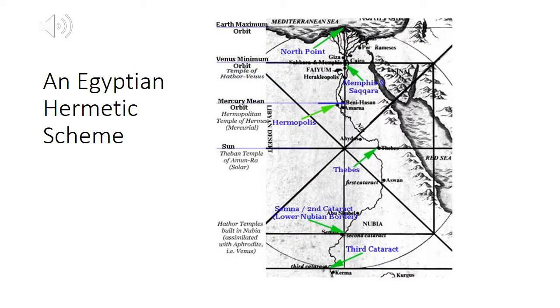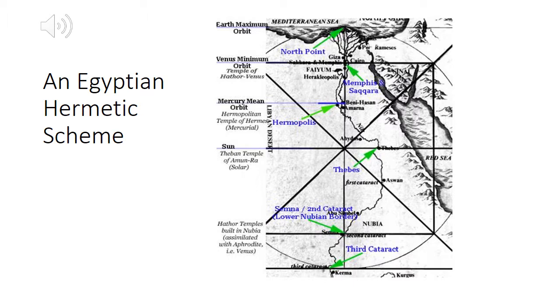So this gives us the basis of our Egyptian Hermetic scheme then. Thebes, the centre of the sun, is in the centre, and then, fittingly, the city of Hermopolis, the Greek name for the city of Hermes, which was formerly the city of Thoth, the Egyptian equivalent of Hermes, is actually located within the band that would be the distance of Mercury in its orbit around the Sun.